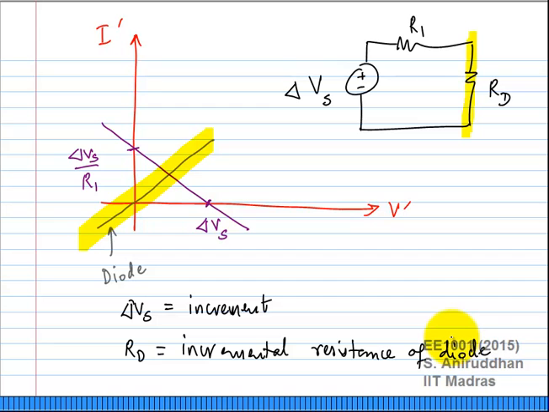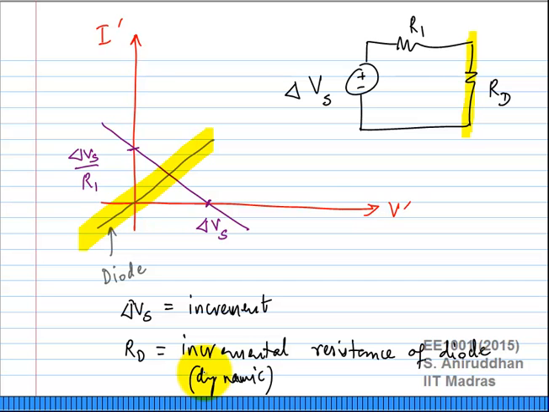Sometimes people also call it the dynamic resistance of the diode. Now does it matter that we have considered a diode here? It really does not. You could have taken any non-linear two-terminal element and replaced it by a resistance based on a linearization using the first term of the Taylor series expansion for that function.